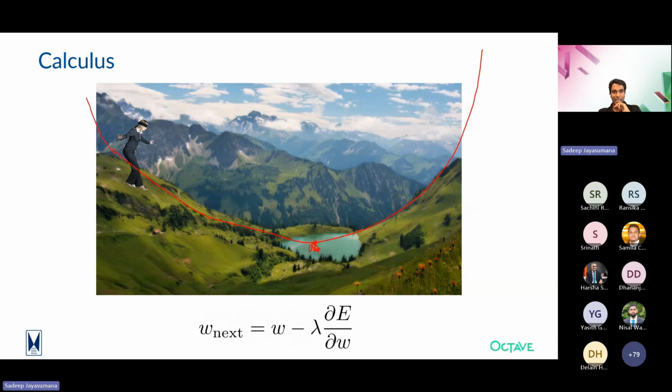This is you, you started here, and you are trying to go to the bottom of this valley. So what would you do? Try to think about it. Let's say you are blindfolded, you can't see anything, you are in this valley, and you want to go towards the bottom, but you don't know where it is. What would you do with your eyes closed? Any suggestions?